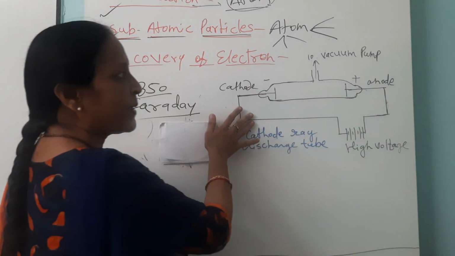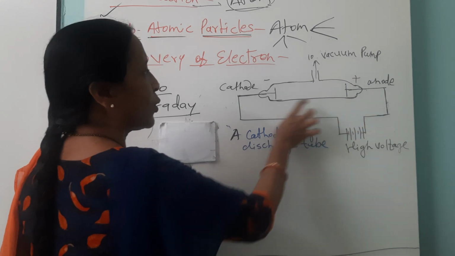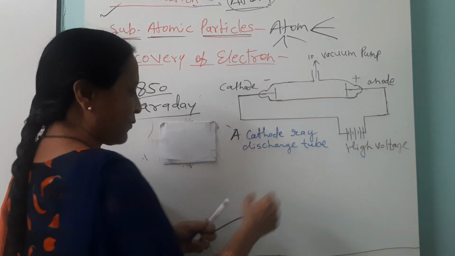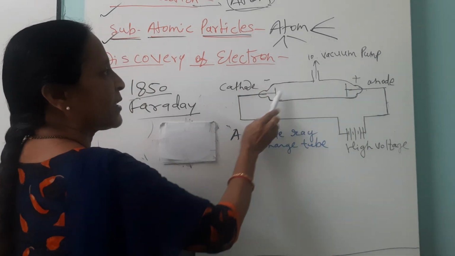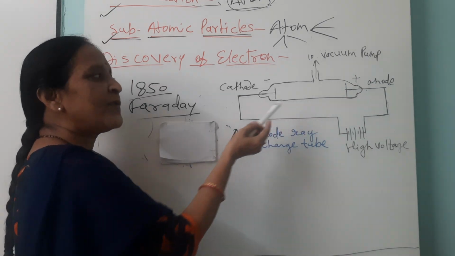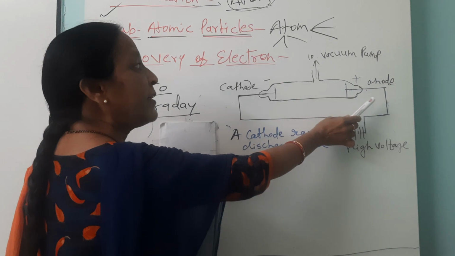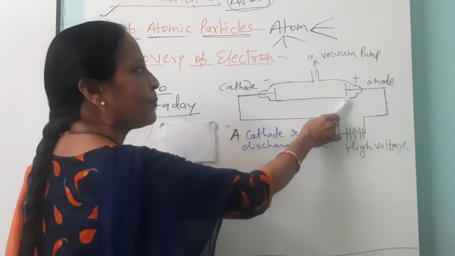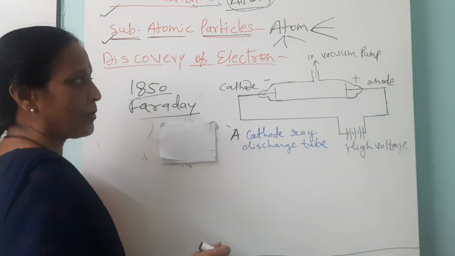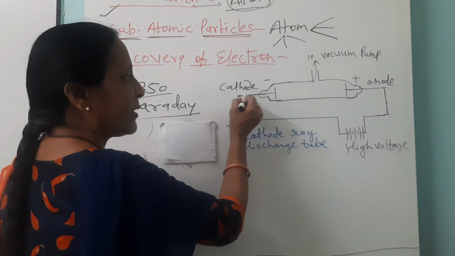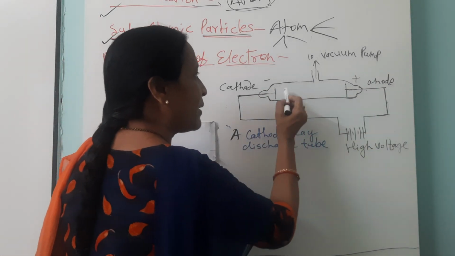One discharge tube is taken. In this discharge tube, two metal strips are there, and one strip acts as positive and the other as negative, or anode and cathode. The cathode is negatively charged, and this one is positively charged. Now here is the connection, and this is the discharge tube.